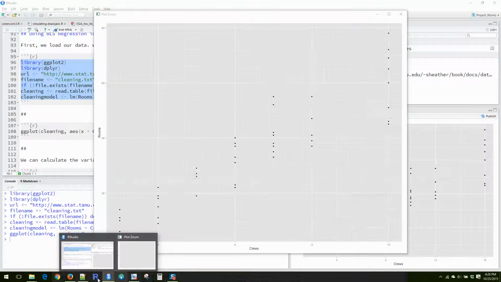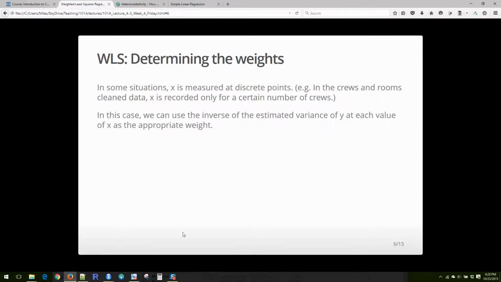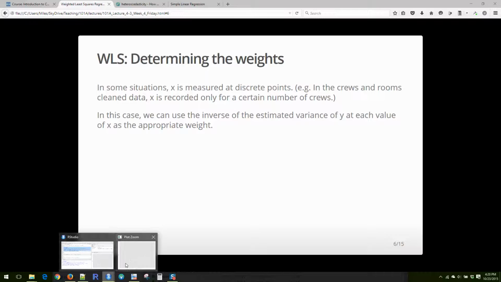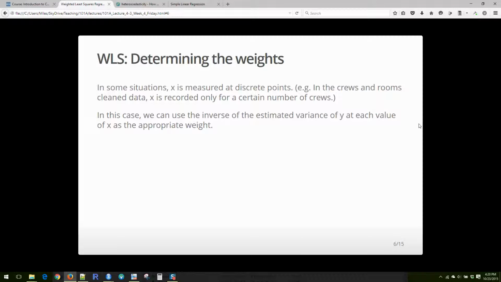So it's not like X is continuous, X is very discrete. Because of that, what we can do is estimate the variance of the Y at each X and use that as our weights. We can say, the variance here of these data points is this, and we're going to use that as a weight. So in this case, the weights that we would use would be the variance of our Y data.